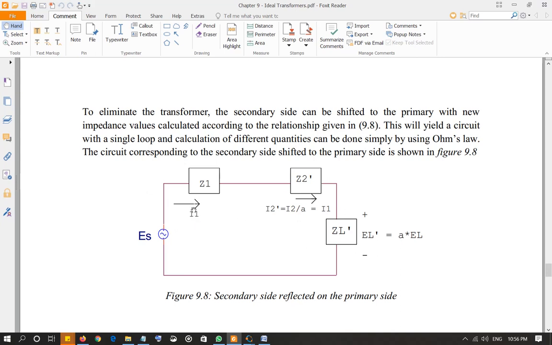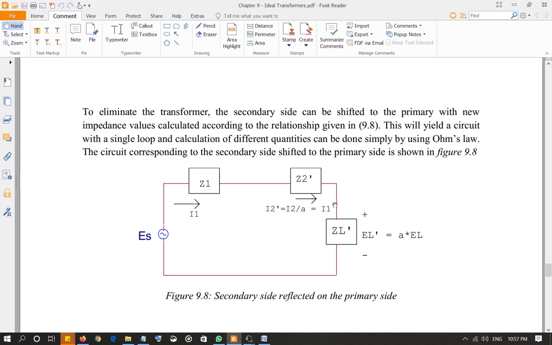When you know I1, you can calculate I2, since I2 over A is I1. You can calculate the load voltage EL prime, and then divide that by A to calculate the actual voltage across the load on the secondary side.